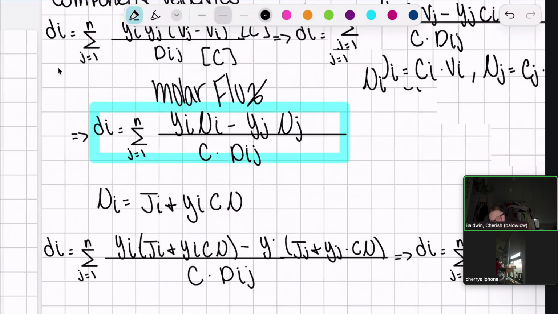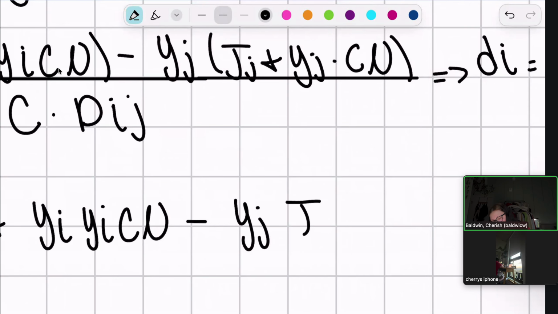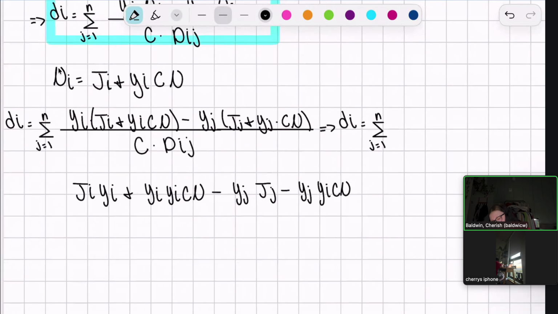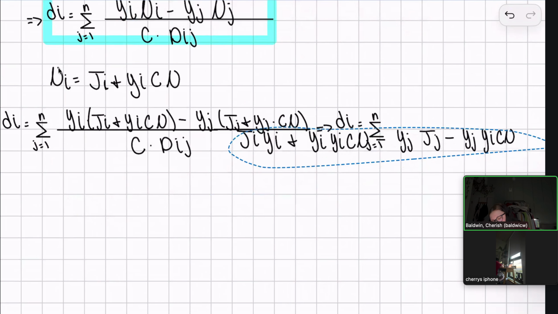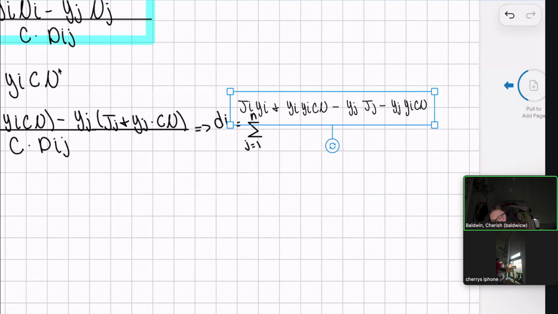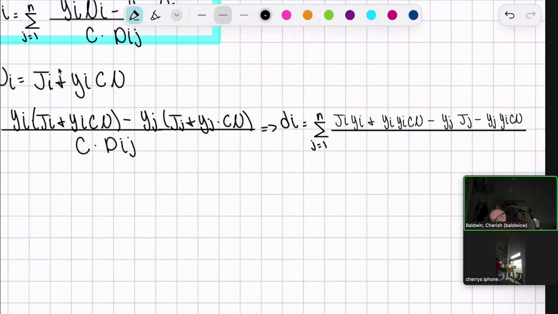Yeah. Over concentration times the diffusive flux of Ij.